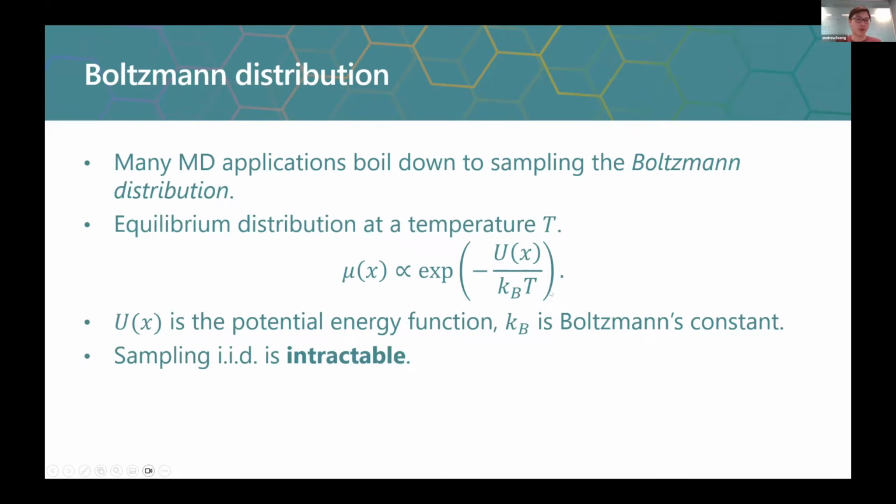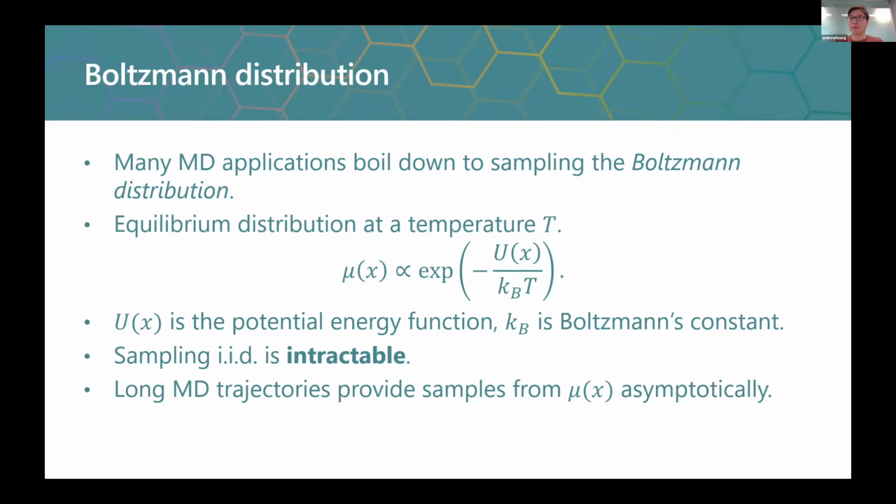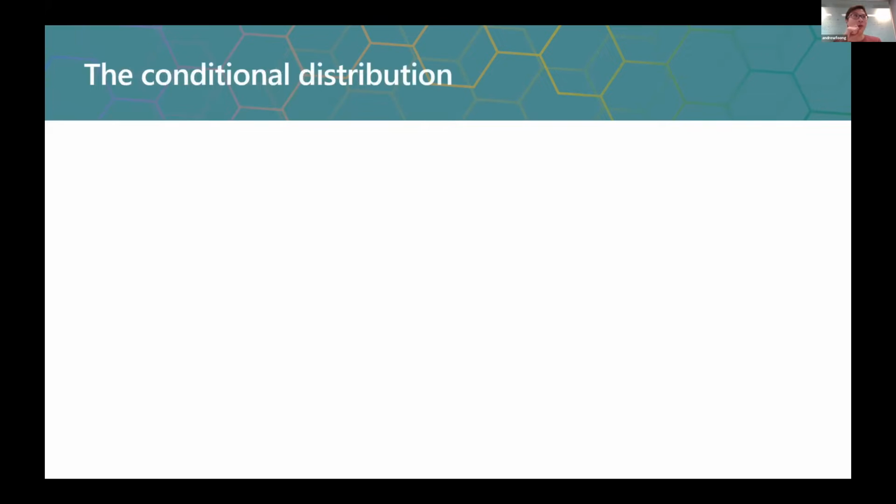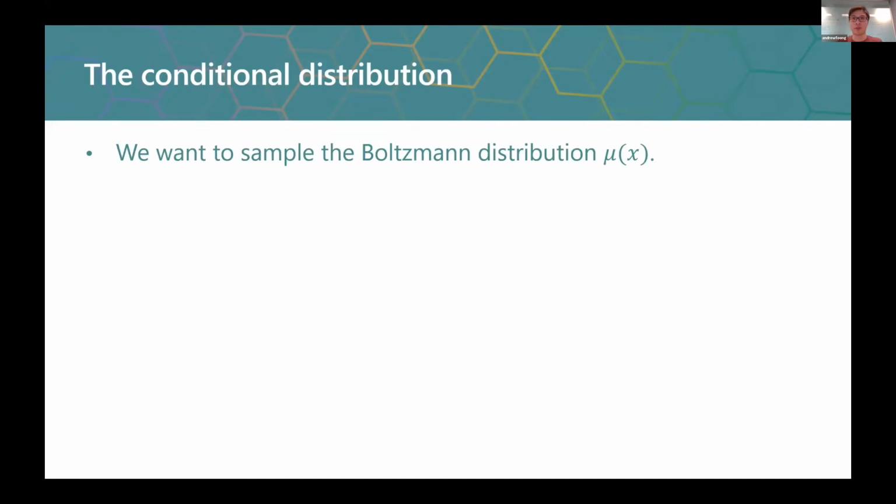So how are we going to tackle this problem? Traditionally, we'd run a long MD simulation, and asymptotically, the result of that MD simulation will be a sample from the Boltzmann distribution. But we've already said that this is often too time-consuming. What we're going to do is take a detour and instead think about a different object, which is the conditional distribution.